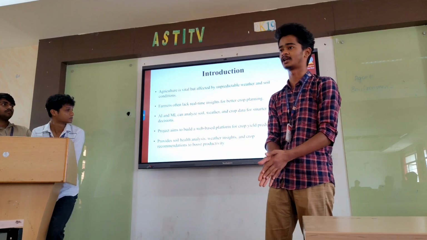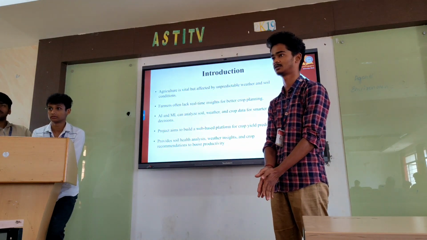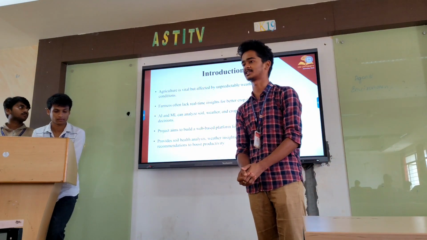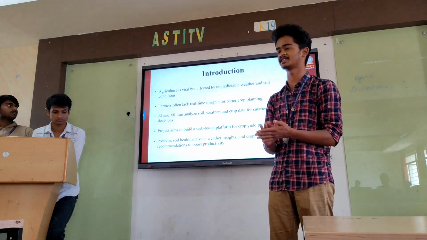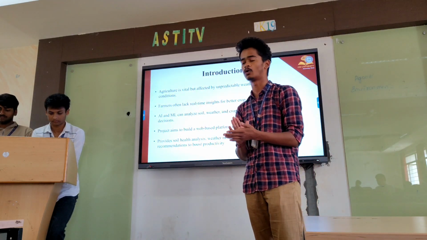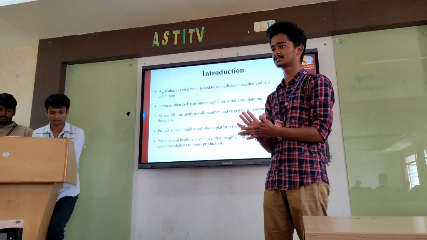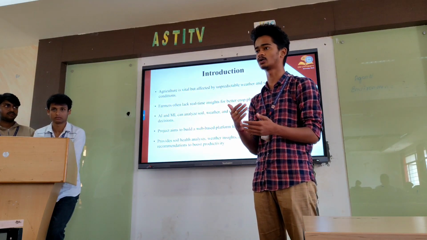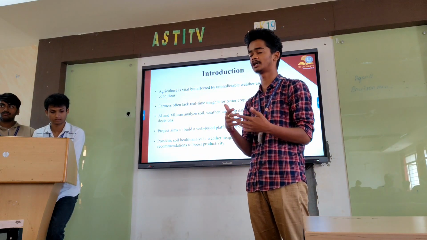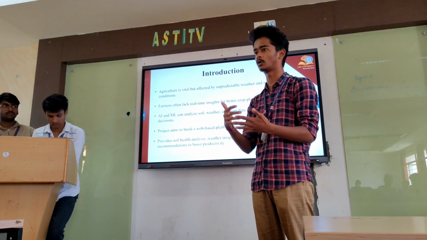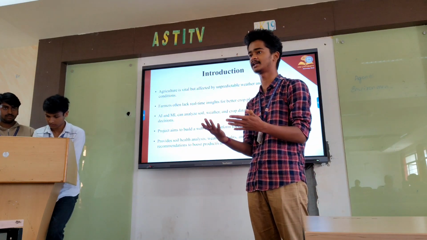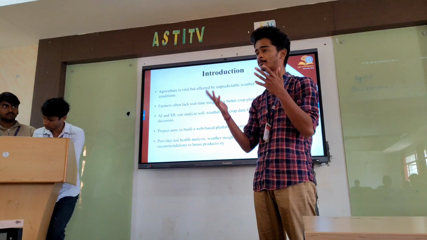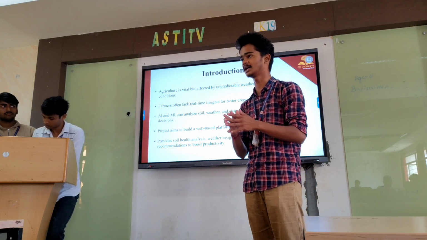Now let's move on to the introduction. We all know that agriculture is the basic need in India and overall the world. Then it is also risky, and some farmers do not know how to predict their yields or their outcomes, or they fail in predicting the profit, the margins they get.